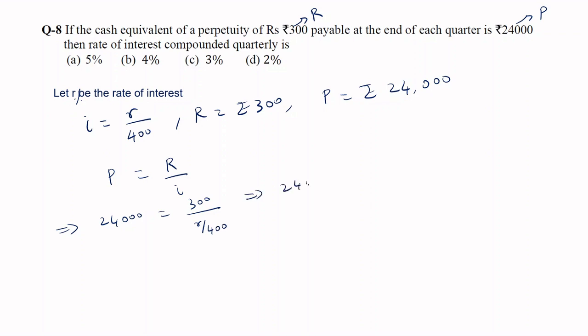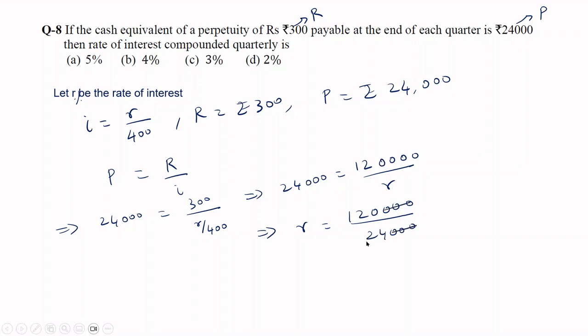This implies 24,000 equals, if we bring this to the numerator, 12 followed by 4 zeros divided by R. So as a result, R is 1,20,000 upon 24,000. If we simplify, it is 120 by 4, which is 5. So the rate of interest compounded quarterly is 5%. So the correct option is option K.